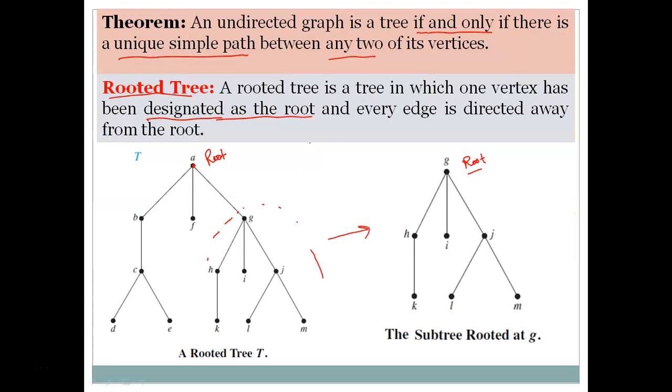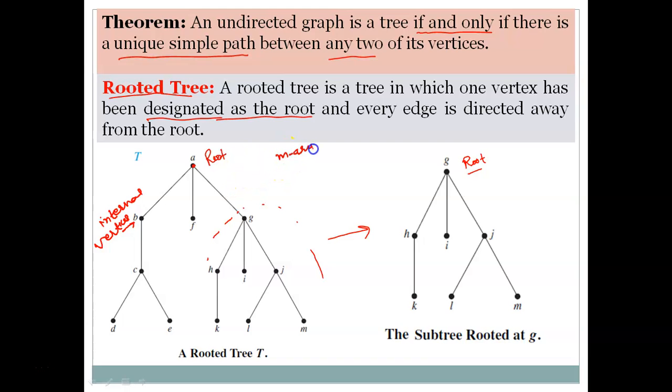For example, here you see, these are the leaves, and the vertices which are not the leaves are called the internal vertices. For example, B is an internal vertex, G is an internal vertex, H is an internal vertex, C is an internal vertex, etc. So we are talking about an m-ary tree.